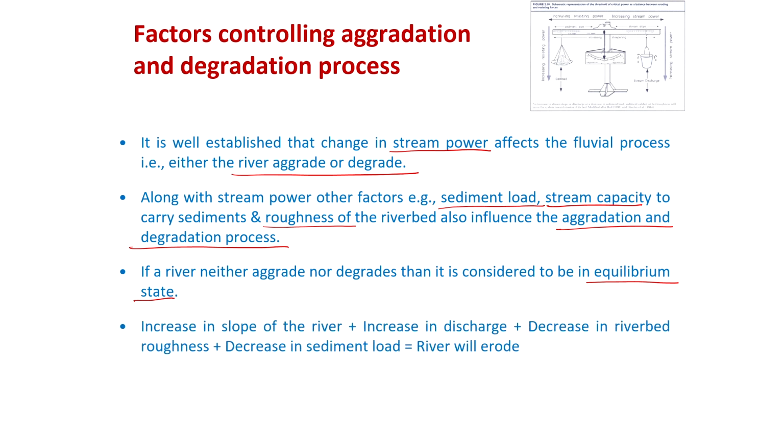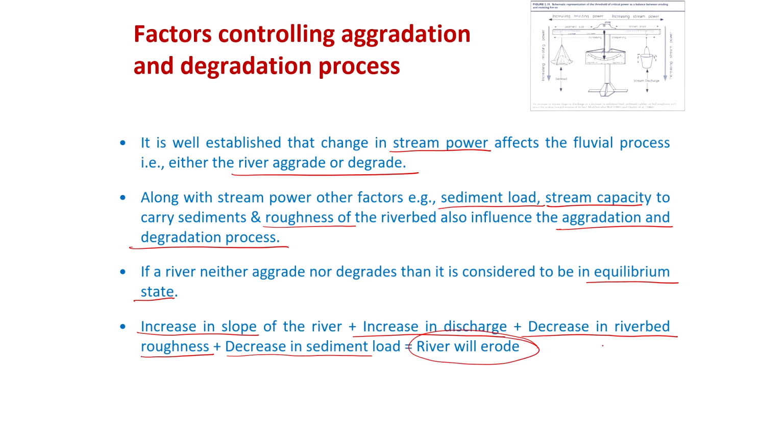But suppose you increase the slope of the river, plus increase in discharge, plus decrease in river bed roughness, and decrease in sediment load, this will result in the river eroding.